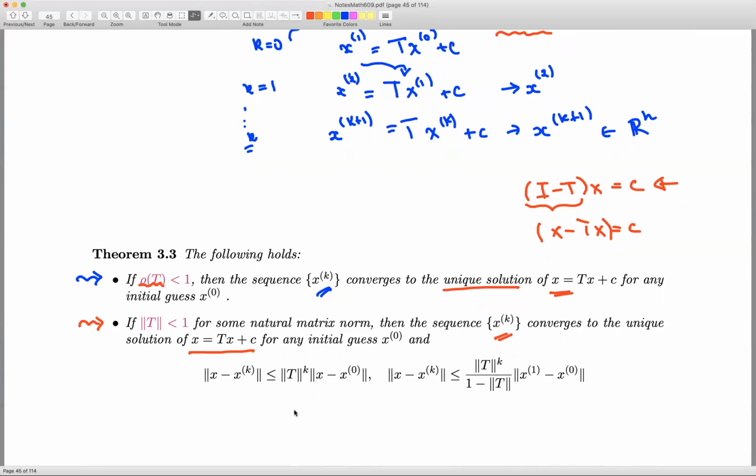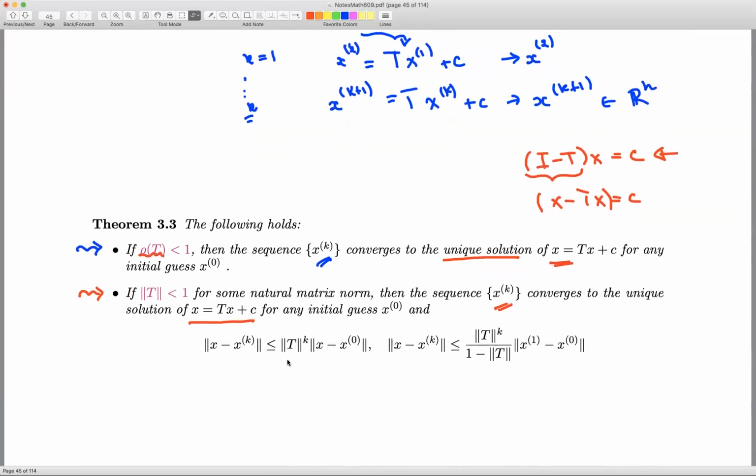And moreover, we also derived two error estimates. The first error estimate tells us how the norm of the error at the kth step behaves, the same norm as the vector norm related to this natural matrix norm. Namely, by definition, the error at the kth step is the exact solution of our problem minus the output of our iterative procedure at step k.